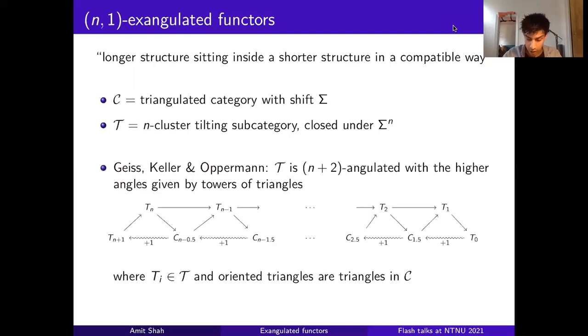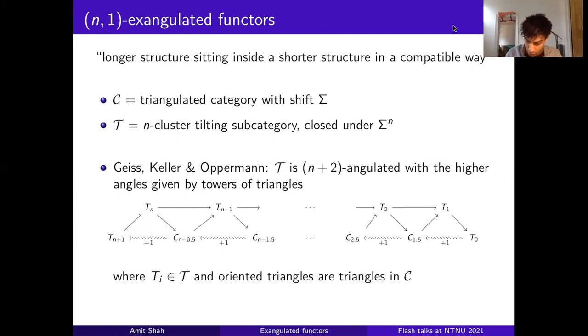Then Geist, Keller, and Oppermann tell us that T, this n-cluster tilting subcategory, is n+2 angulated. And the n-angulated structure on T is given by these towers of triangles. Here, every oriented triangle is a triangle in my triangulated category.